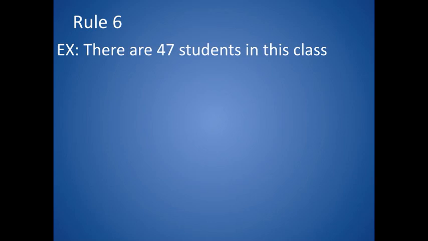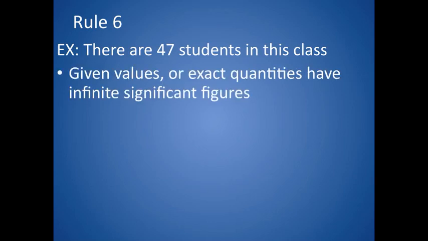If it's certain and you can count it, there is no uncertainty. Sometimes that's the case. So if you're given a value or an exact quantity. So in this case, this is an exact quantity. A given value is like there's 10 millimeters in 1 centimeter. That's given. It's known. There's no uncertainty. That's called an infinite number of sig figs.